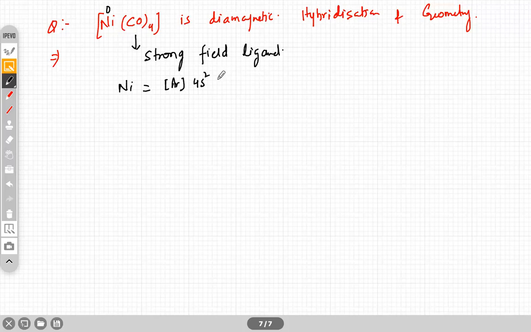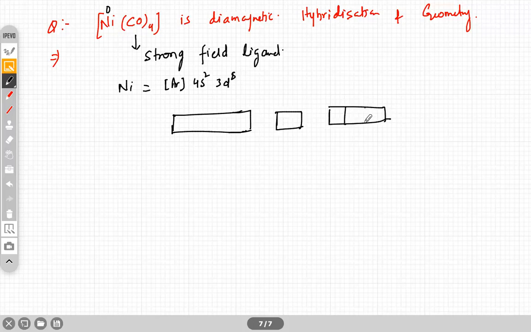Hence, Ni is argon 4s2 3d8. So this is the 3d orbital, then 4s, 4p.